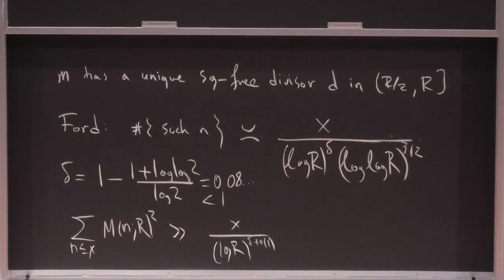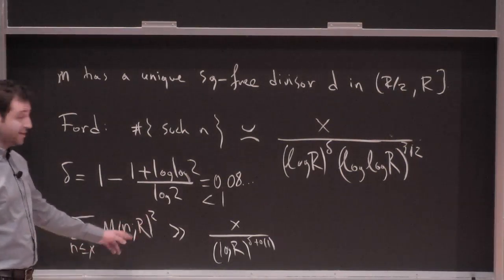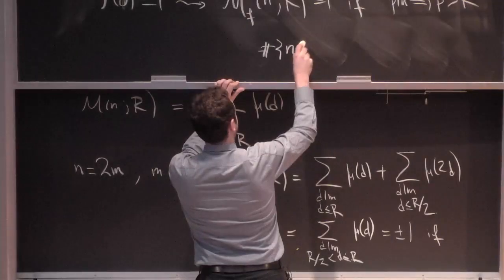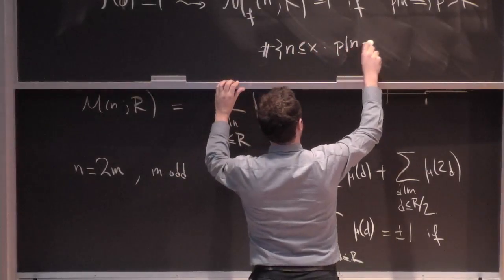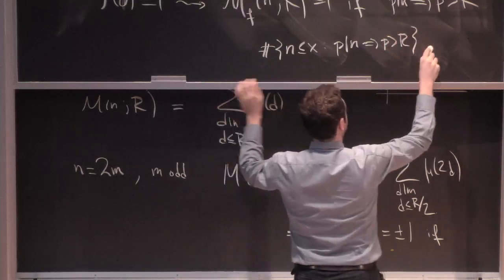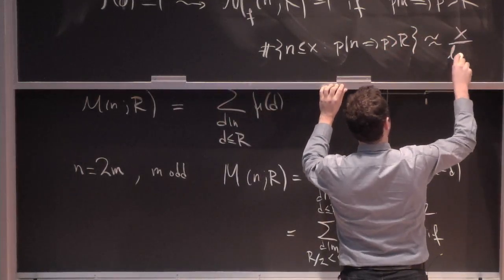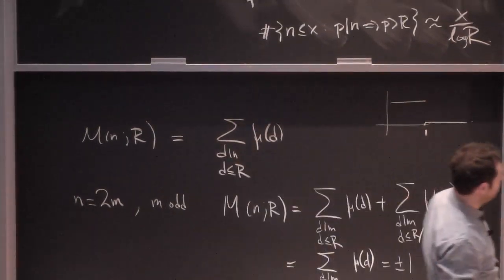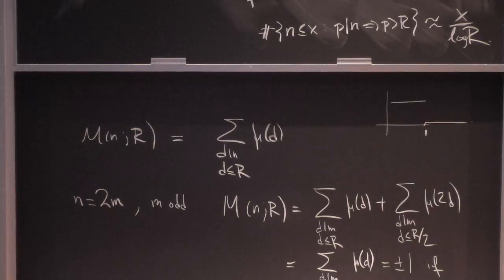Only x over log r. So the number of n up to x such that whenever p divides n, p is greater than r, is like x over log r. If these weights were behaving like the characteristic function of this set, or were strongly correlating with it, we would expect that size. And here we see that this weight gets much bigger on average. So certainly this will not be a good choice for a sieve weight.